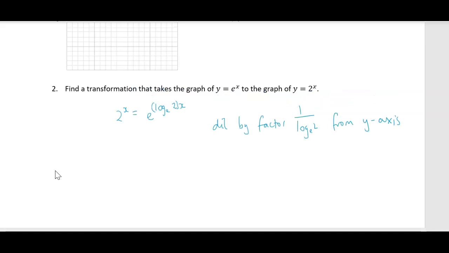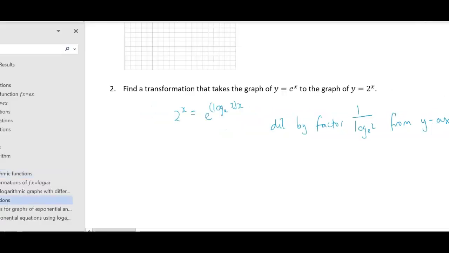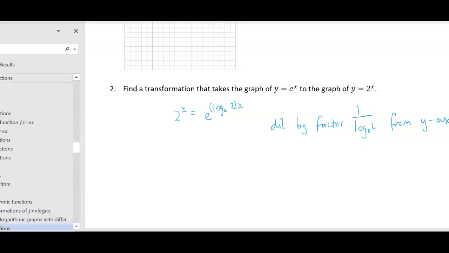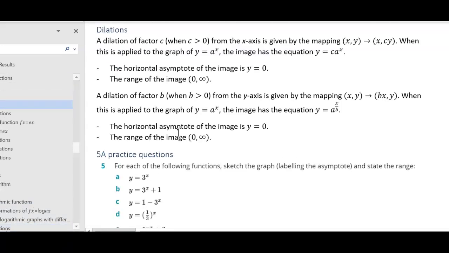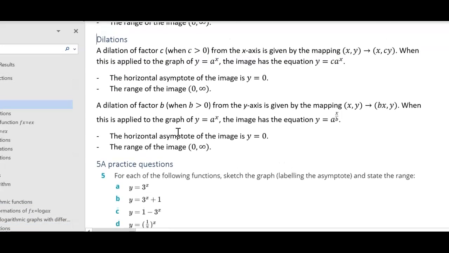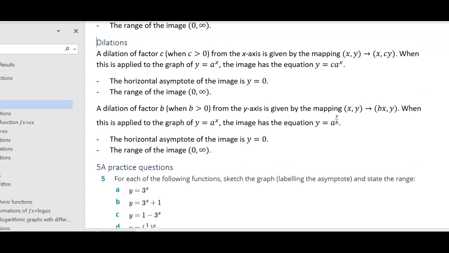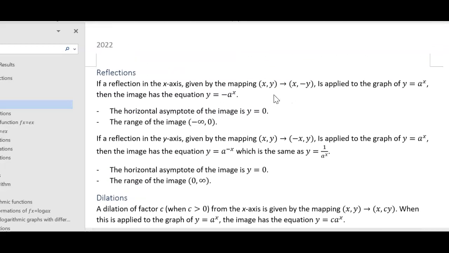Now, just to re-jog your memory, I'm going to go back to where we did the exponentials. Which is here, I think. Okay, yes it is. So I'll just get my highlighter. Okay, so when, scroll up.